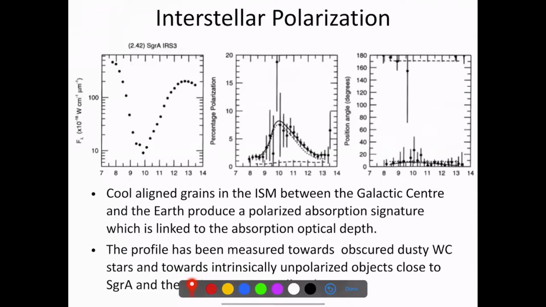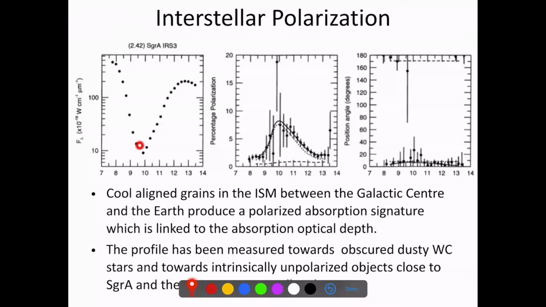Moving on now to interstellar polarization, I want to illustrate what we can learn about the line of sight to the galactic center. Here is the intensity spectrum of IRS 3, an isolated dusty M giant, supergiant in the central parsec of the galaxy.